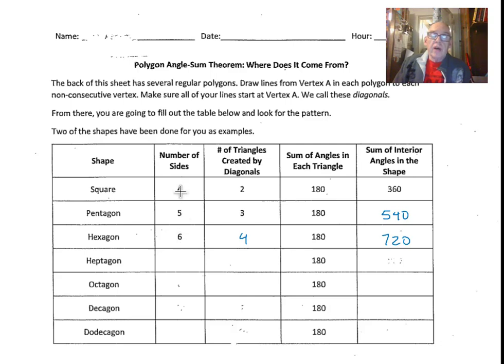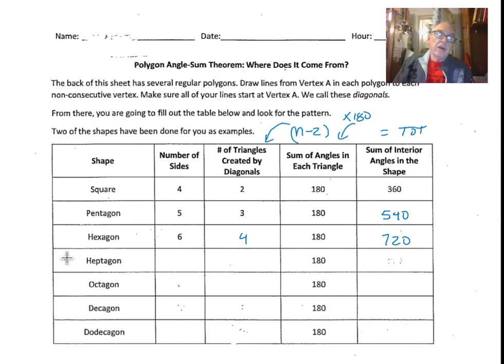Looks like the number of sides, take away 2, gives us the number of triangles that are created, and then that's going to be multiplied by 180 for the number of degrees in each one of the triangles, which gives us the total. So n minus 2 times 180 is the total number of degrees inside a polygon.